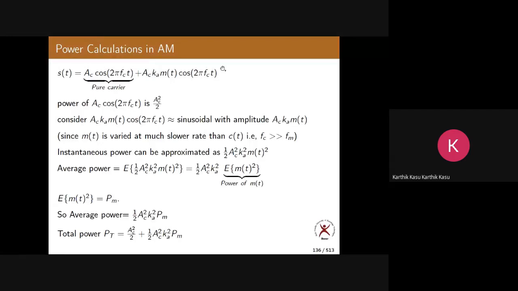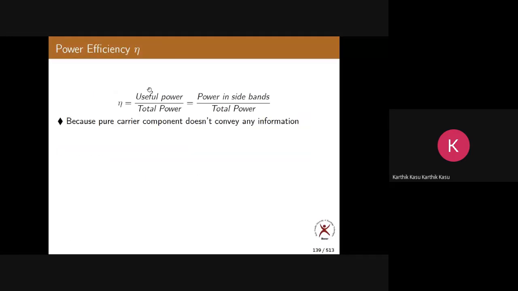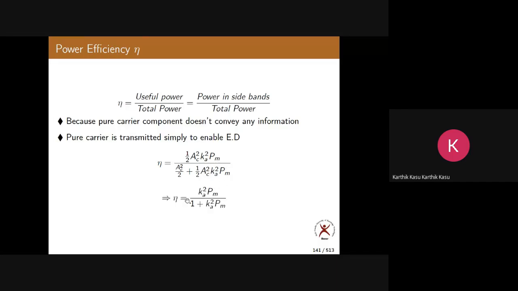Agreed or not? Right. So this is the expression: power in sidebands, half AC square KA square PM, by total power. Just now we have derived total power as AC square by 2 plus 1 by 2 AC square KA square PM. So if you calculate, how much do you get?